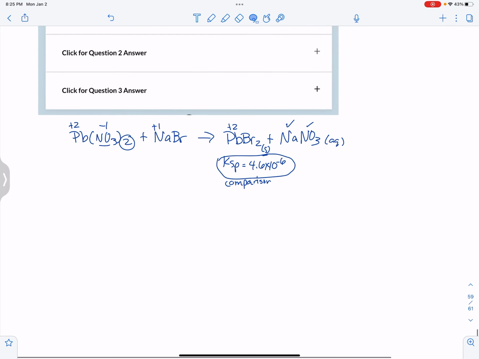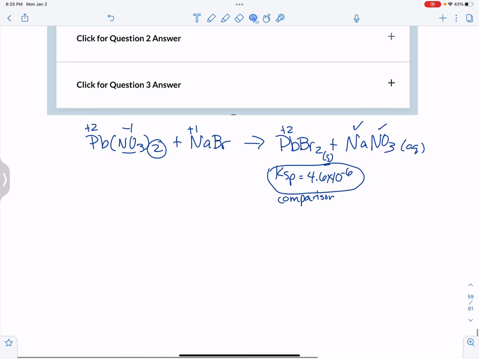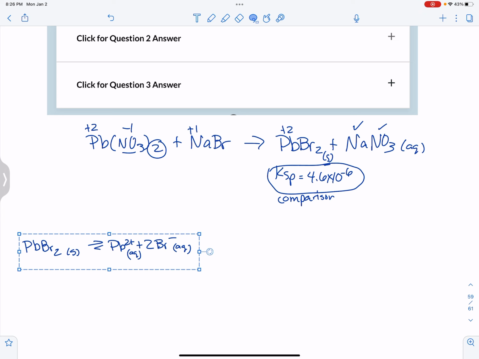So I am going to basically figure out the Qsp. So I'm going to write PbBr2, that's a solid. It breaks into Pb 2+ and 2 Br minuses. And again, those are aq. Now, the whole reason that I wrote this like this was because I need the Q expression.